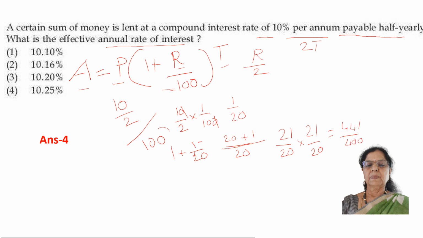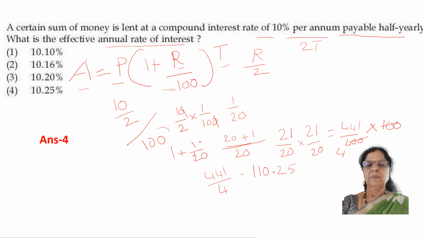and we multiply that into 100. What is 100? 100 is the principal amount, P. So now we get 441 divided by 4, which is equal to 110.25.